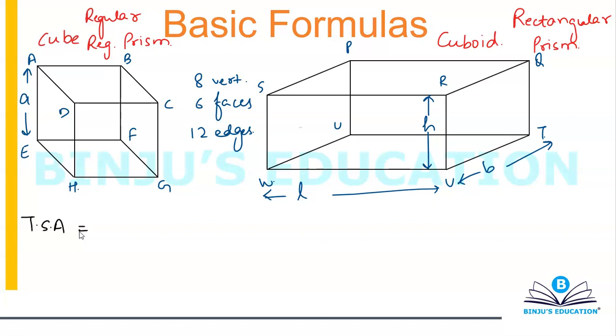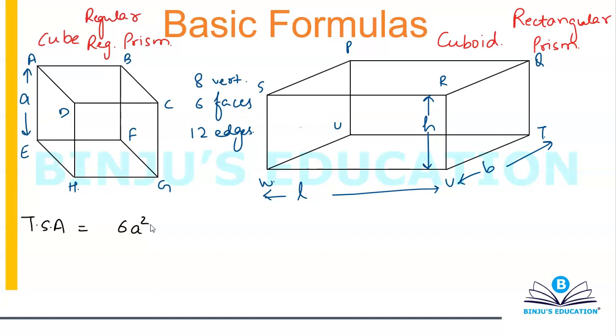So for one face it's A square, so for 6 faces it will be 6A square. So the total surface area will be equal to 6A square.